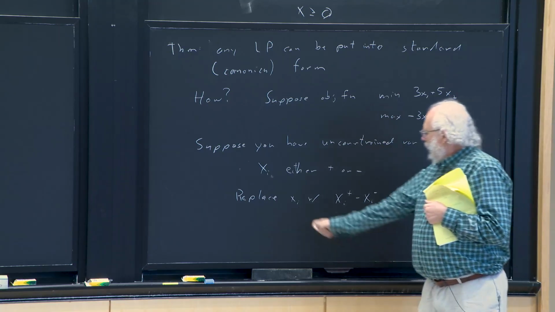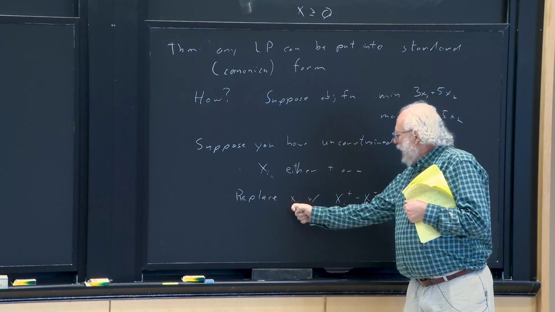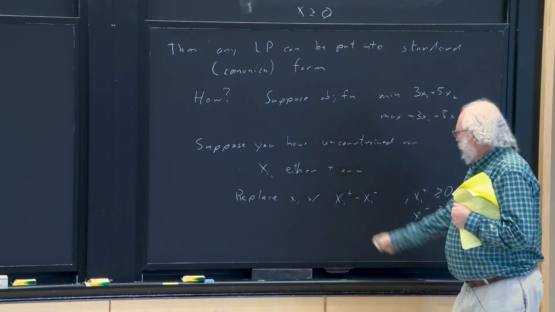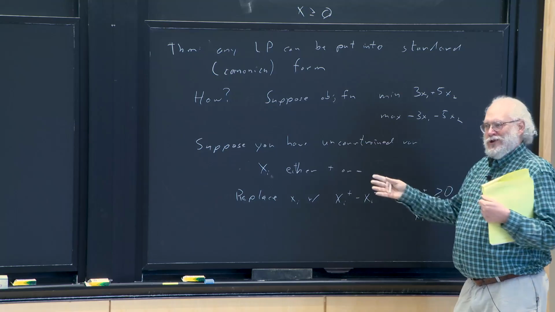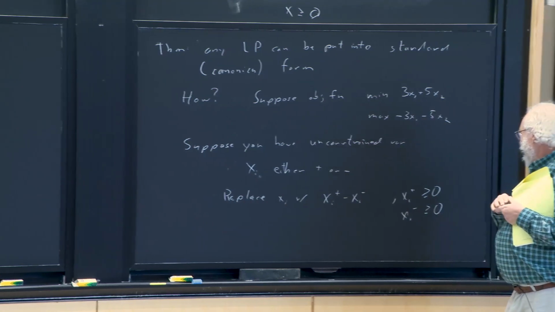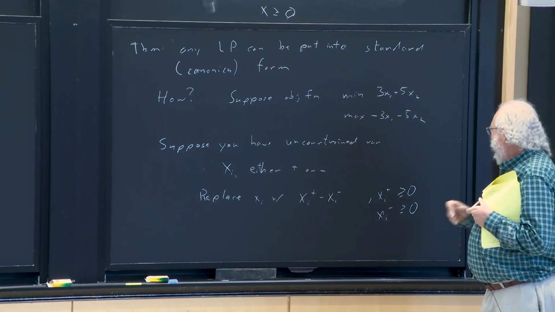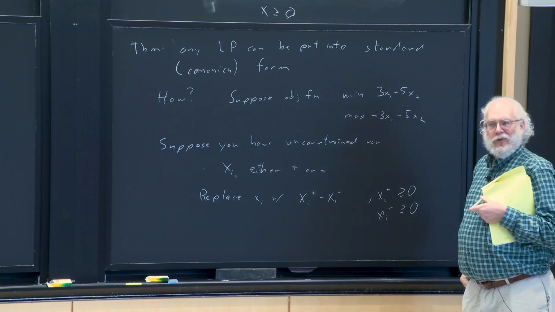It doesn't matter whether x sub i is positive or negative. There are ways of choosing some x sub i plus and some x sub i minus which will give you any value of x sub i. And now these are non-negative variables.